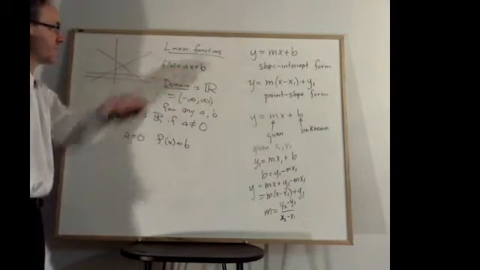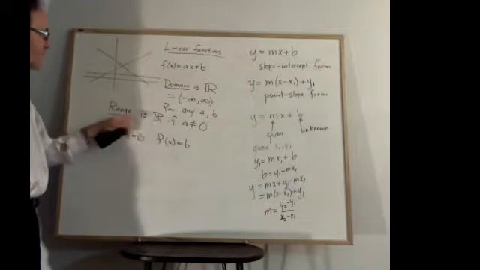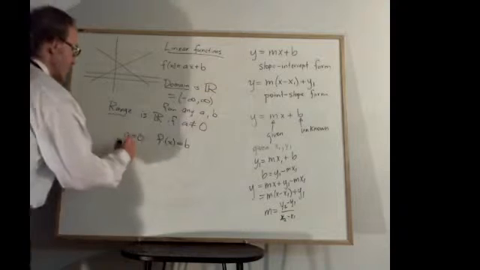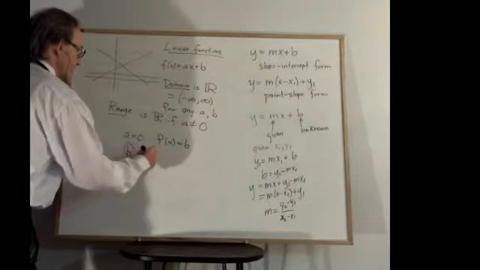So if the function is a constant, then there's only one value in the range, namely b.